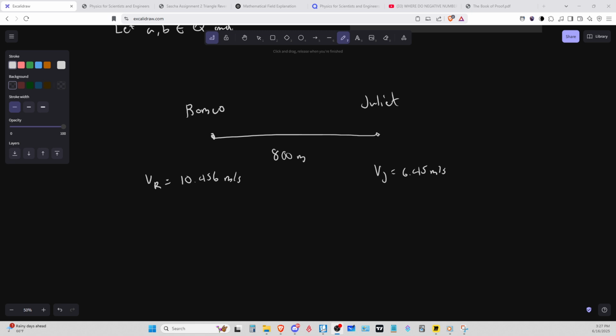Is that the way the problem is structured? Because it says the speed of Romeo is 10, 45, and 6. I don't know if there's a decimal point or something. Kilometers per hour? Oh, okay. But is the speed for Romeo correct?